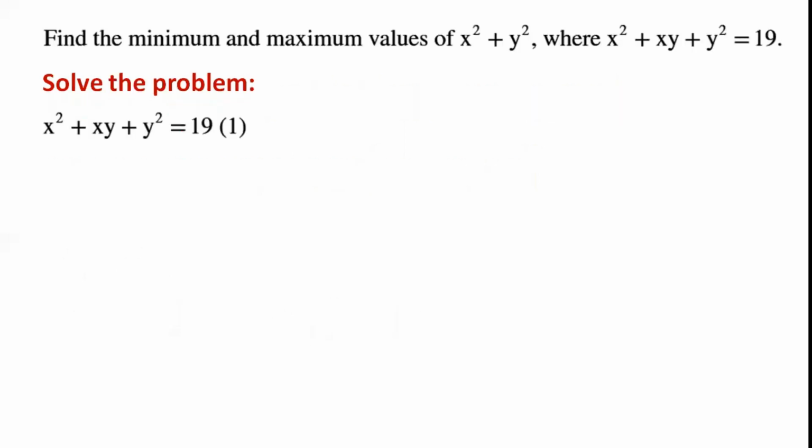The problem is to find the maximum and minimum of x squared plus y squared subject to x squared plus xy plus y squared equals 19.